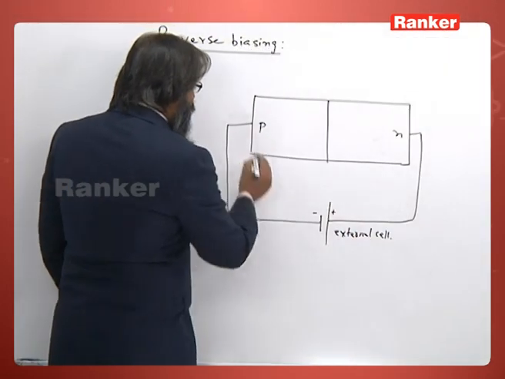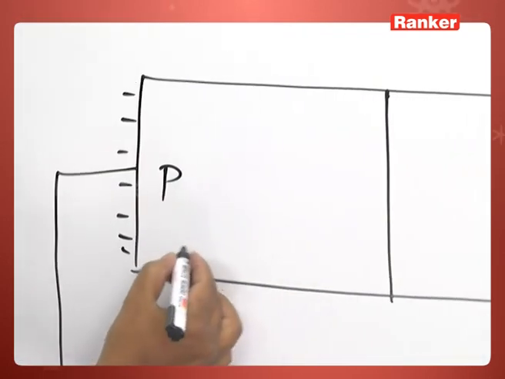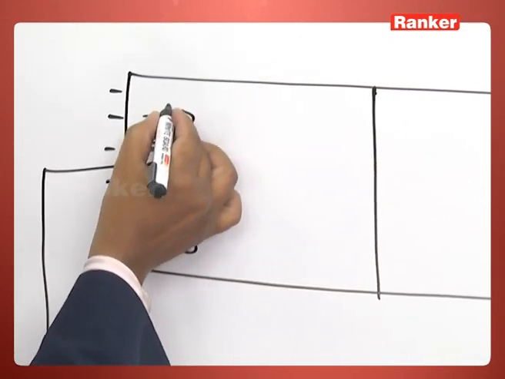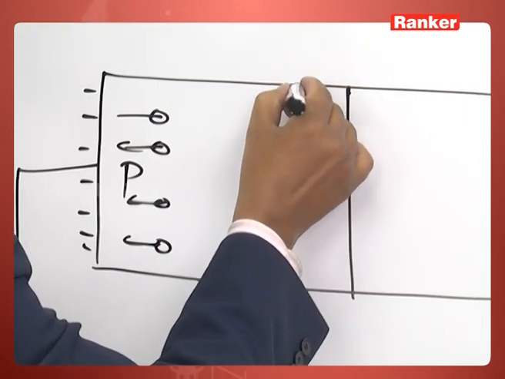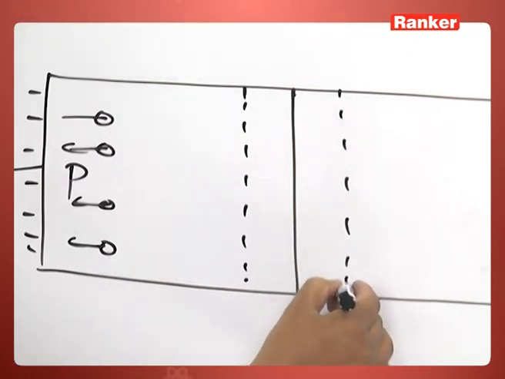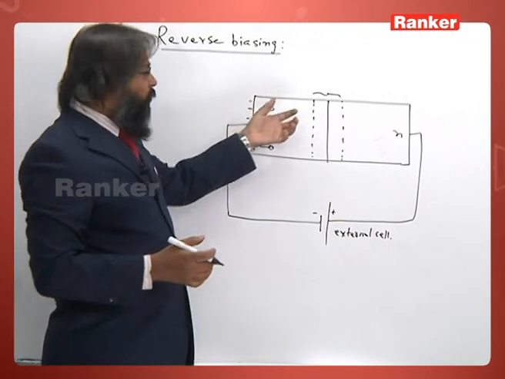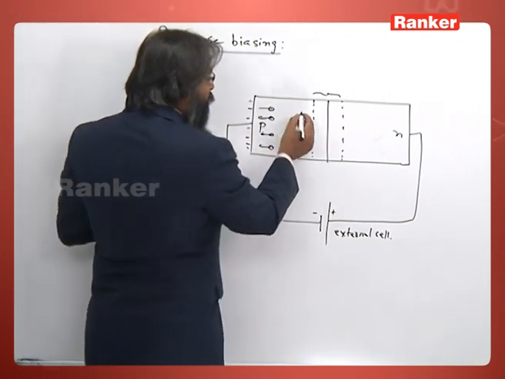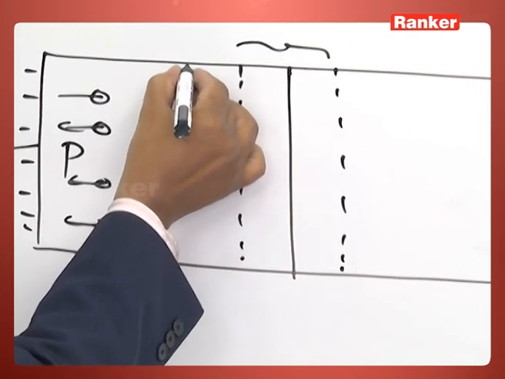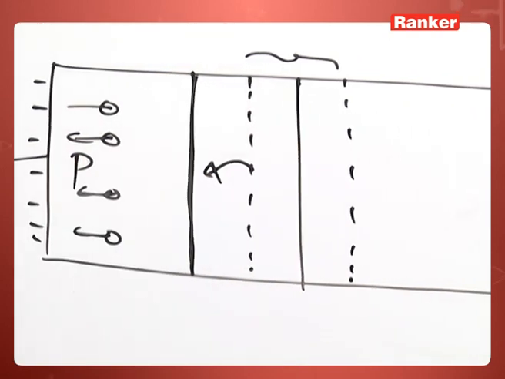Now, the negative potential applied here will pull these holes towards it. So, this is the dotted position of the initial depletion layer. Now, when you pull these holes towards this P side end, what happens? This shifts this way, and this face of the depletion layer comes here.